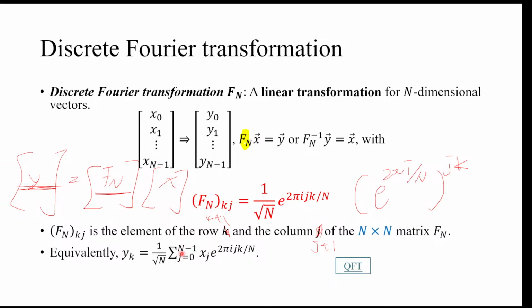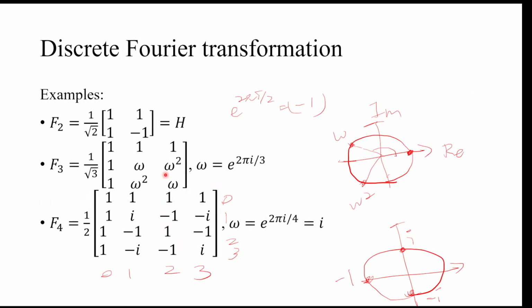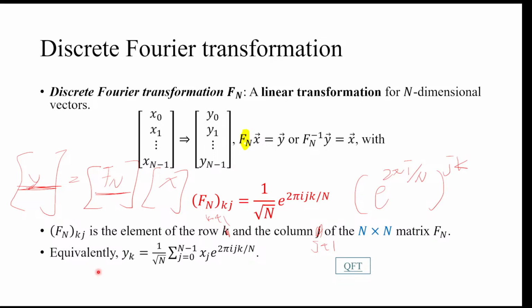So it's this summation, with the normalization 1 over square root of n, of xj times e to the 2 pi i jk over n. It's actually a symmetric matrix, so the kj entry and the jk entry are the same. Those are the discrete Fourier transform, and we can write down the element-wise expression here.